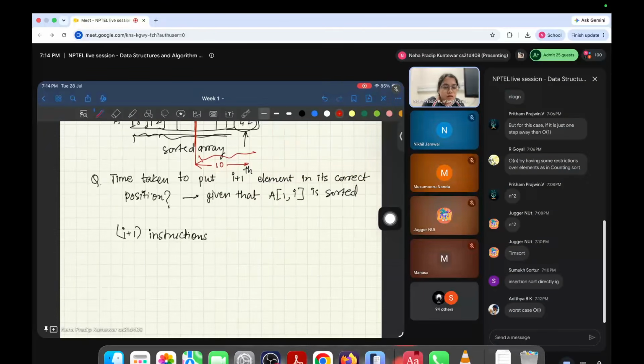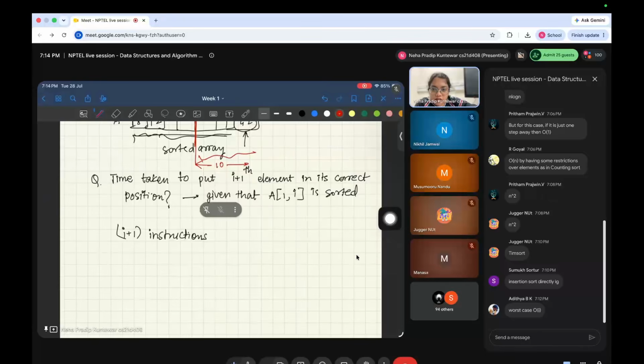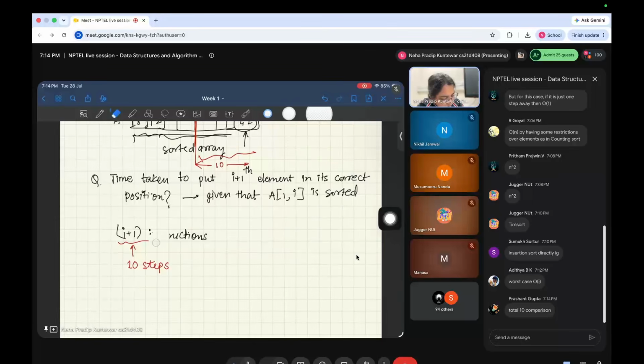You don't really need to go all the way I plus 1 steps, you only need to go 10 steps. Sorry, I don't mean instructions, I meant comparisons. So you only need 10 steps of comparisons per element.